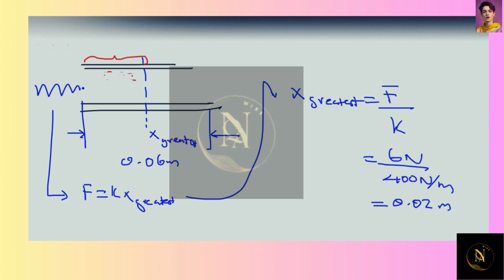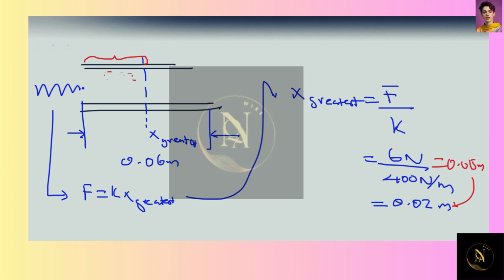So 6 divided by 400 is 0.015, so this is 0.015 meters. When you round it off, you get 0.02 meters.